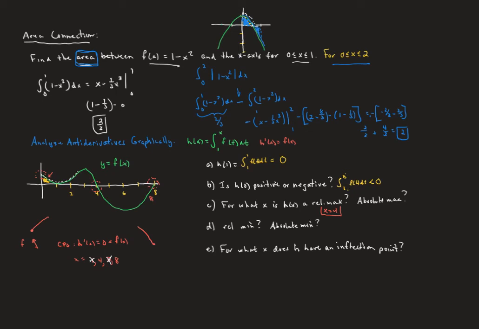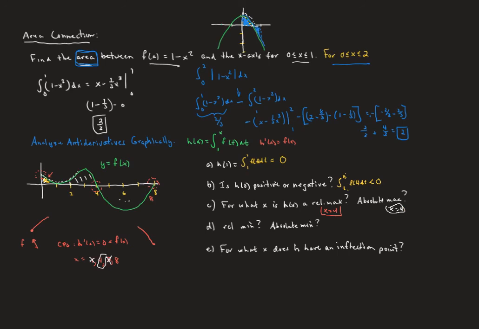And at 4, we can see that we will have accumulated all of this area here from where we started at x equals 0, and the remainder of the way it's going to be decreasing over here. So in fact, that is going to be our absolute maximum. So we'll say that's going to be at x equals 4.